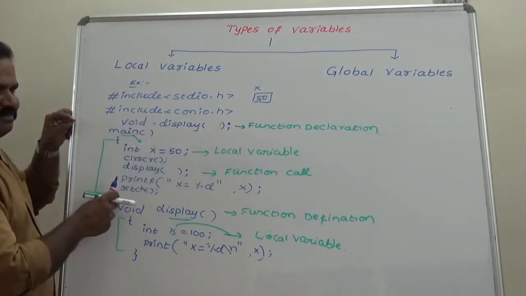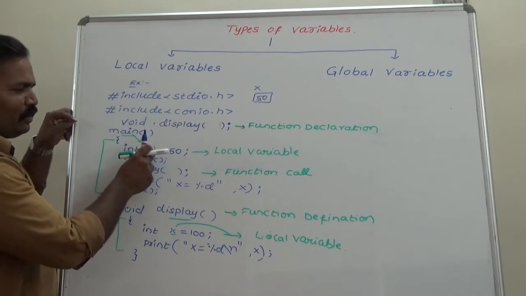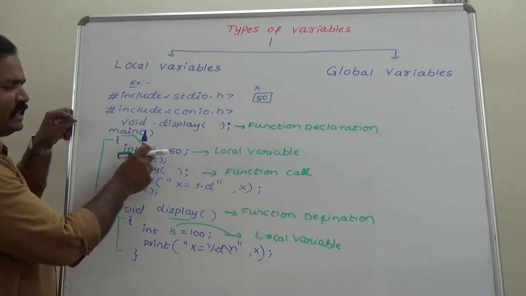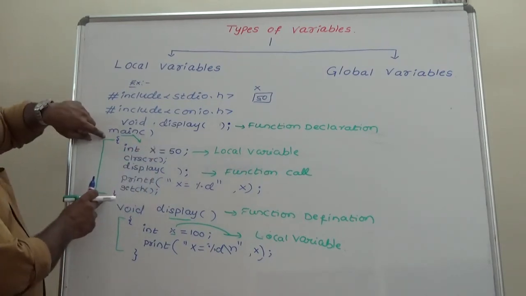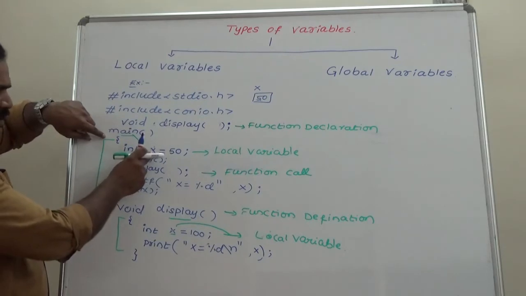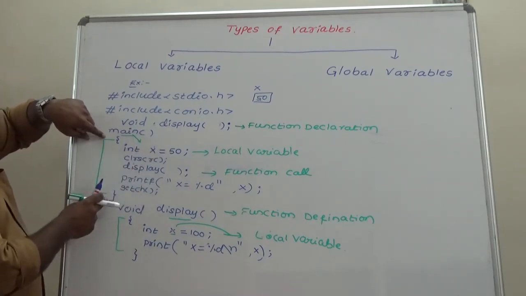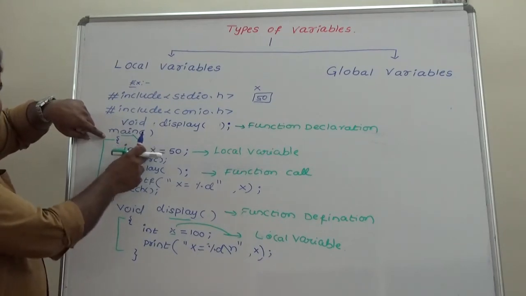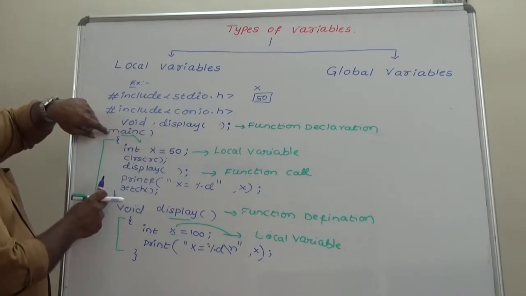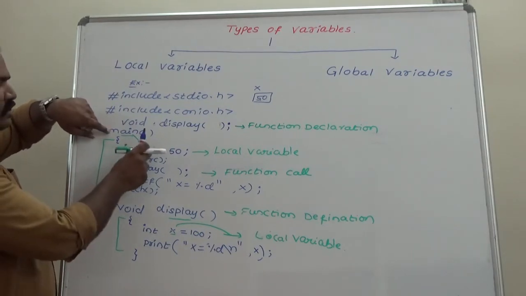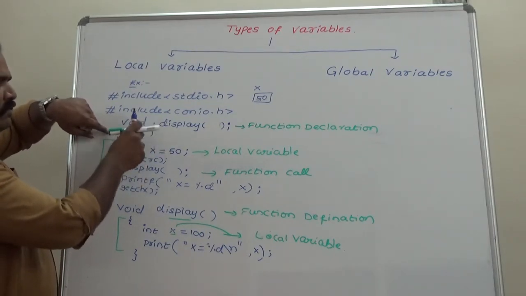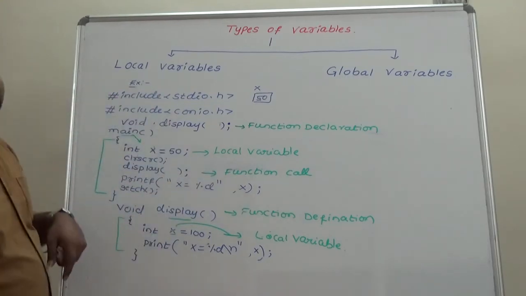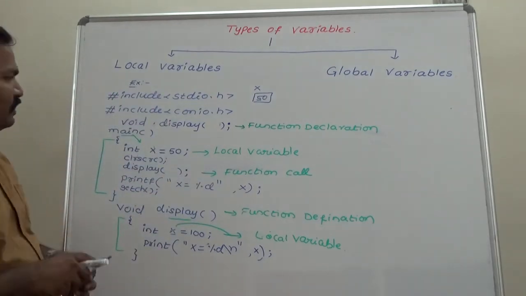In main function. So local variable scope is limited to the function only. That means we can use x variable only within the main function. We cannot use this main function x variable in any other function. So clear?